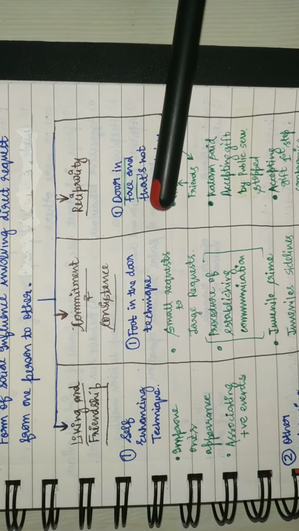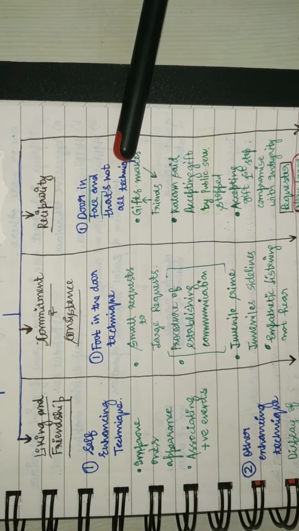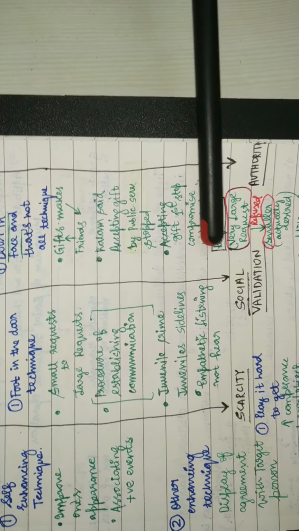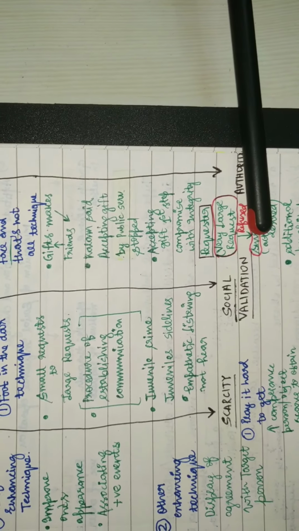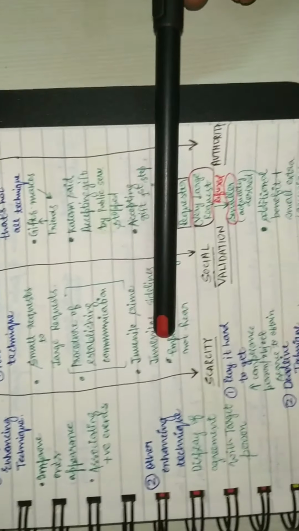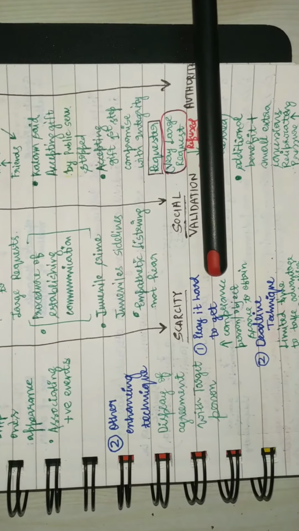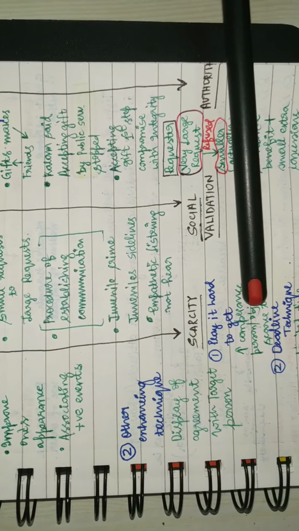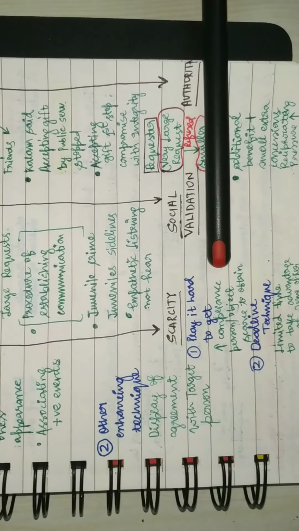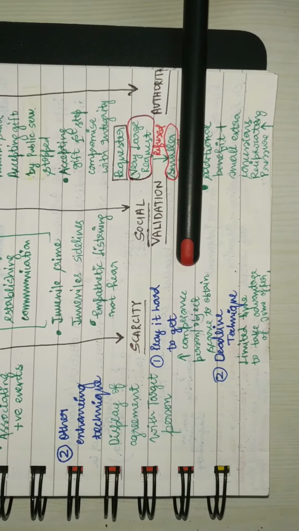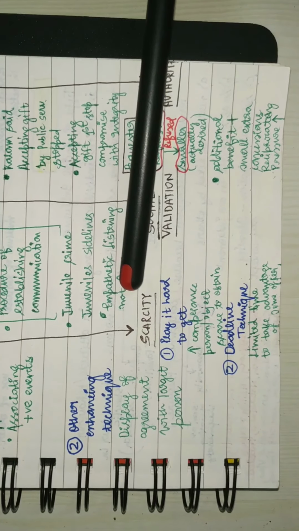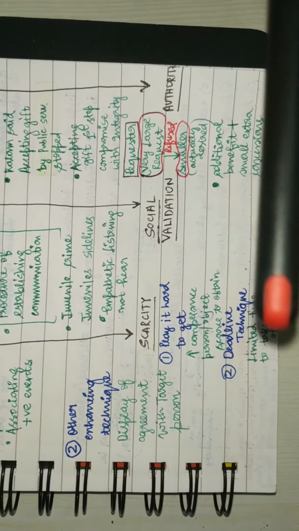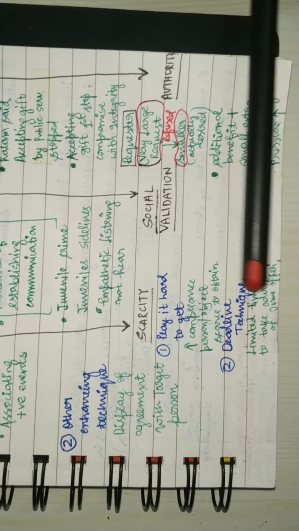So that's the that's-not-all technique. And door in the face is starting from a very large request and going to a smaller request when refused. The fourth technique is play it hard to get. Increase compliance by telling that this person or object is very scarce to obtain. This comes under the principle of scarcity, and the deadline technique says there is very limited time to take advantage of some offer.